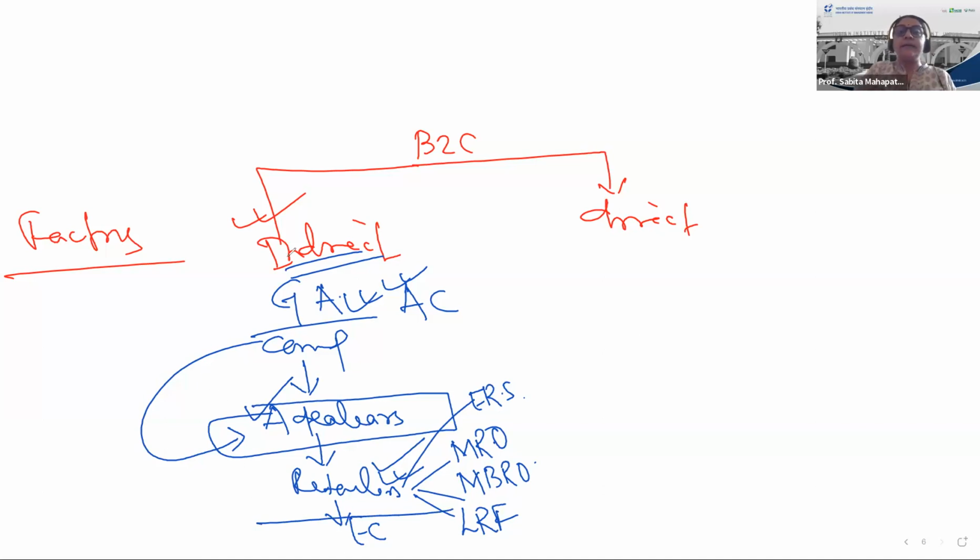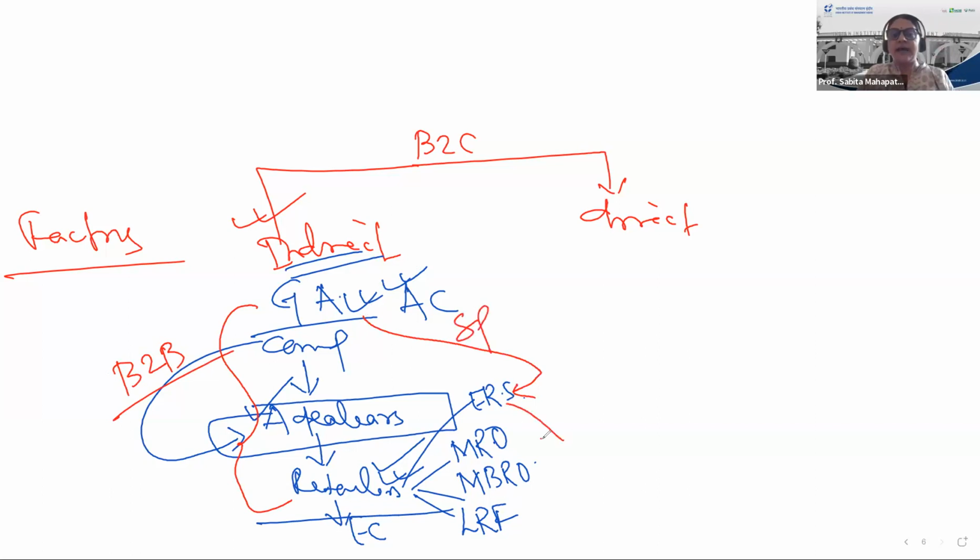Now, your B2B will be Godrej selling to authorized dealers and retailers. If Godrej thinks we will directly go to the exclusive retail store, our consumers will be directly touched upon. This is a combination of an indirect and a direct.